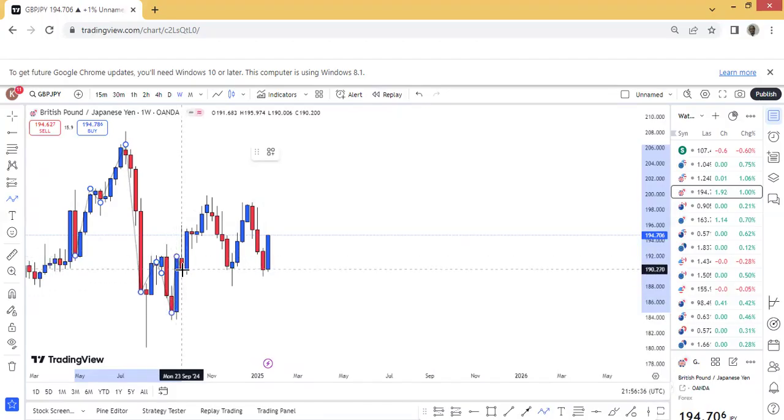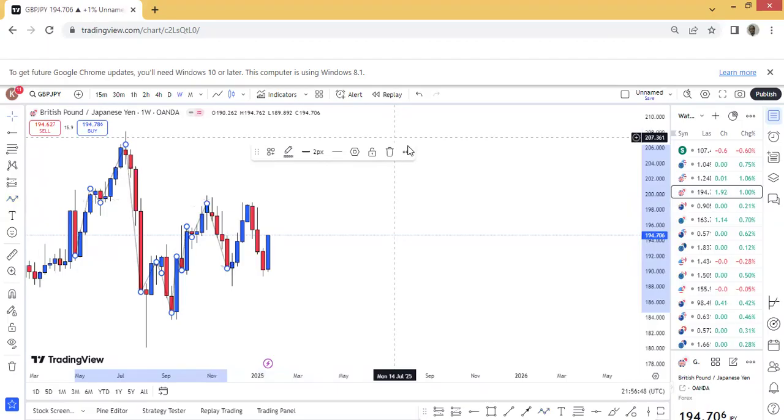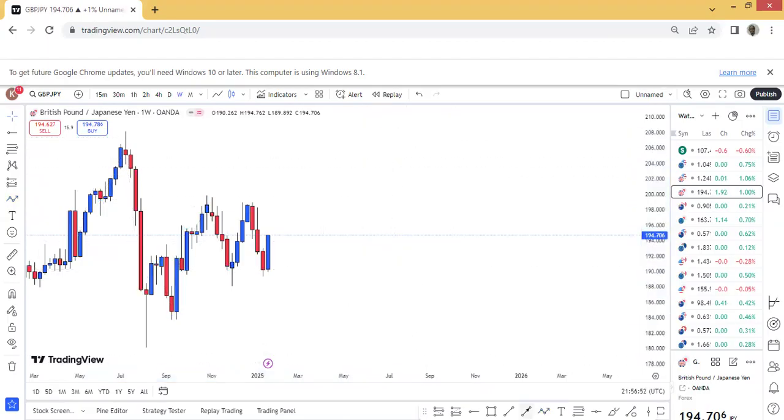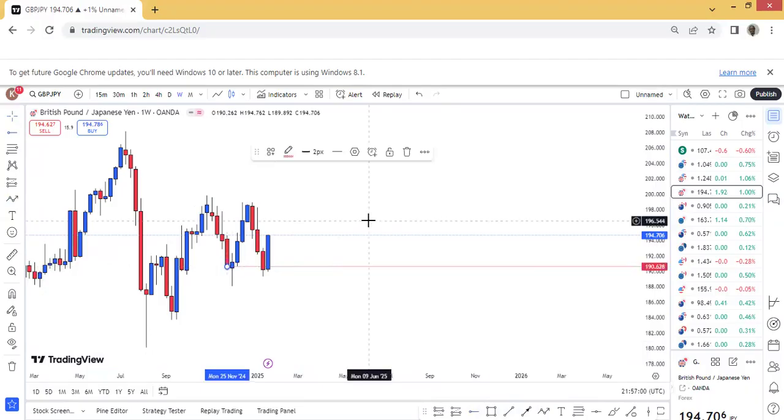Then from here, it became bullish, then bearish. So looks like we are bearish, but I want to see something. Okay. So we're bearish here.